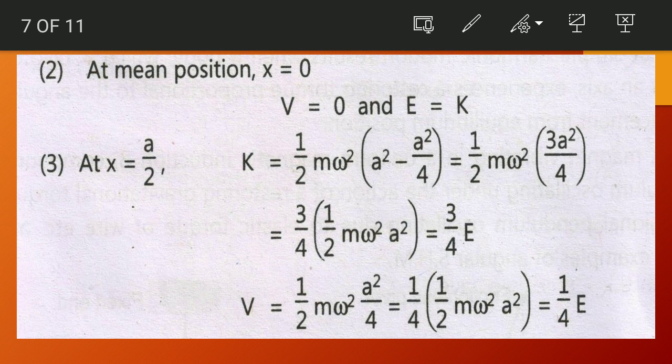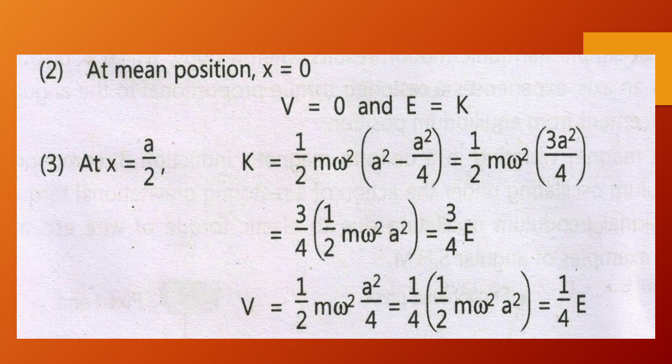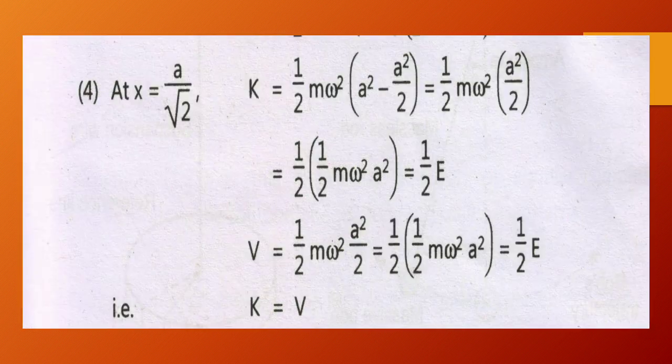But 1/2 m omega square a square is equal to E, therefore it is equal to 3/4 E. Also potential energy is equal to 1/2 m omega square a square by 4, which is equal to 1/4 of 1/2 m omega square a square. But 1/2 m omega square a square is equal to E. Therefore the potential energy is equal to 1/4 E.